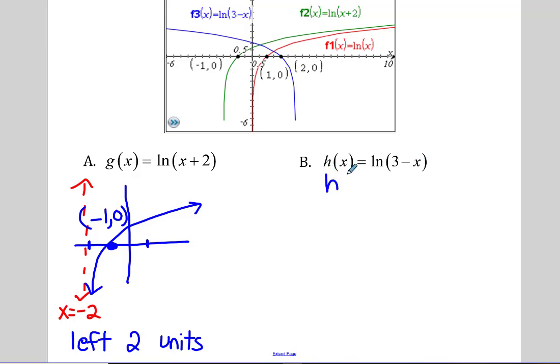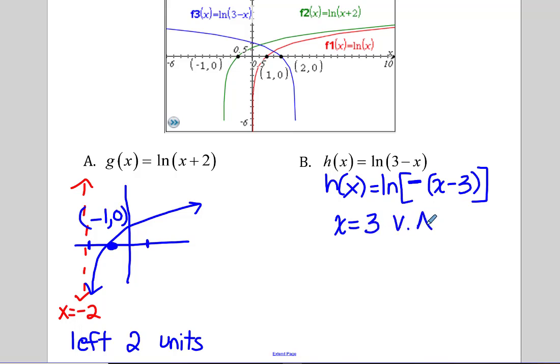Now, in this case, h of x is reflected, and I'm going to rewrite it so you can see why. This is negative, and then I can flip around that argument, x minus 3. So this is going to reflect our graph over the y-axis. And the 3 is going to shift that point (1, 0) 3 units to the right, which is going to make x equals 3 our vertical asymptote.